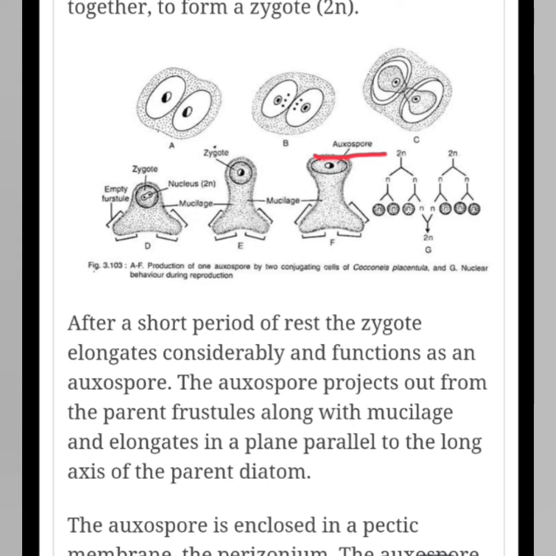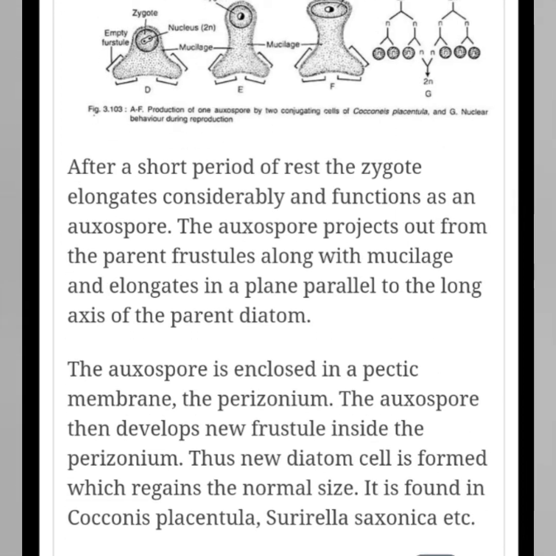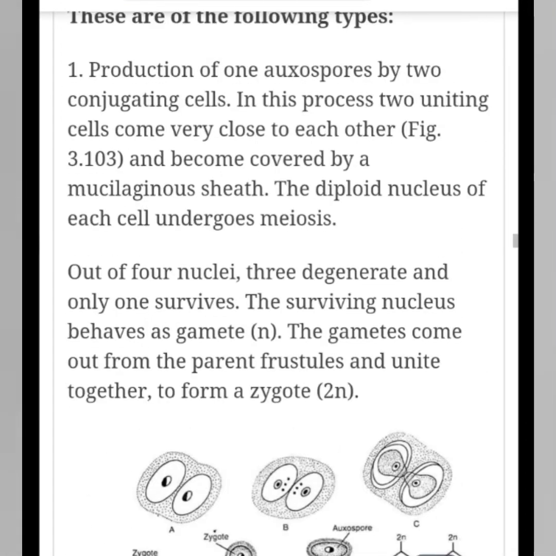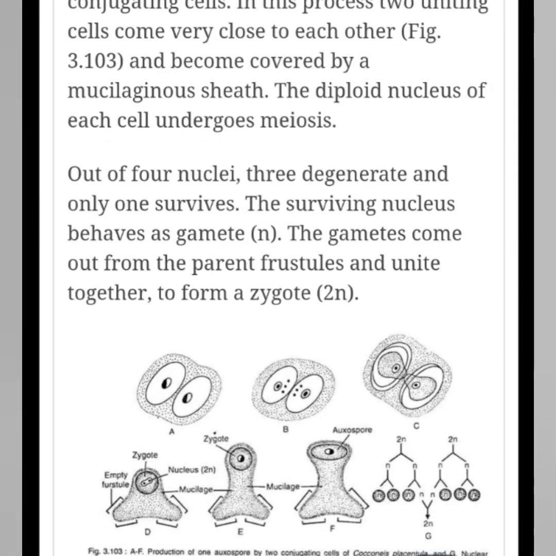So it regains its normal size, and this type of reproduction, where one auxospore is formed by two conjugating cells.